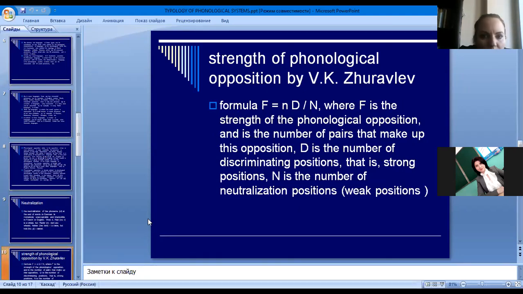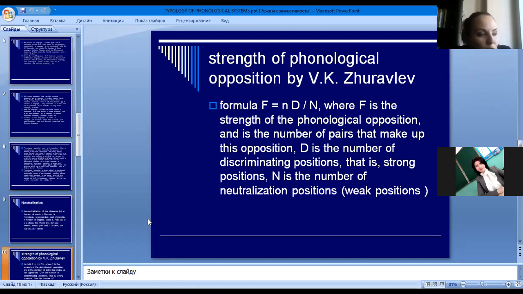The strength of the phonological opposition can be represented in the form of the formula F = n × D / N, where F is the strength of the phonological opposition, D is the number of discriminating positions, that is strong positions, N is the number of neutralization positions, and small n the number of pairs that make up this opposition.